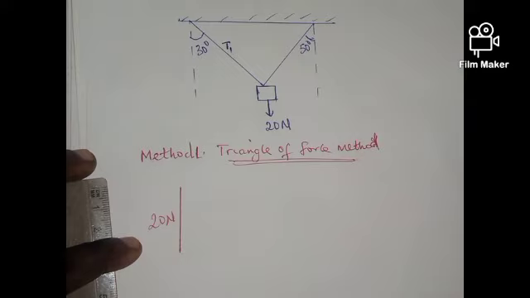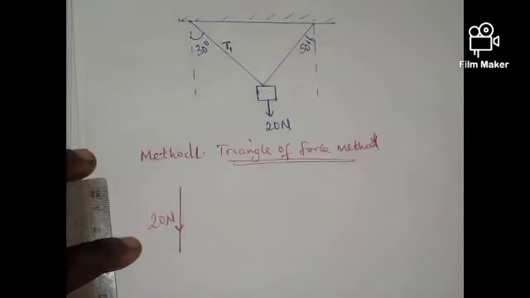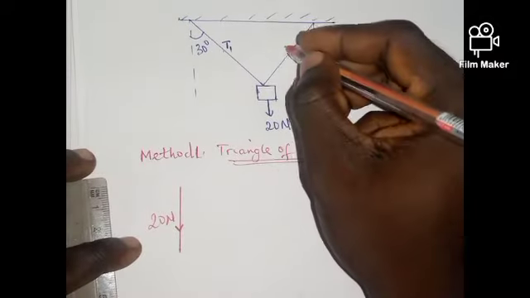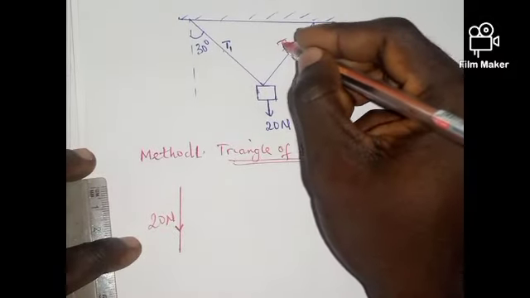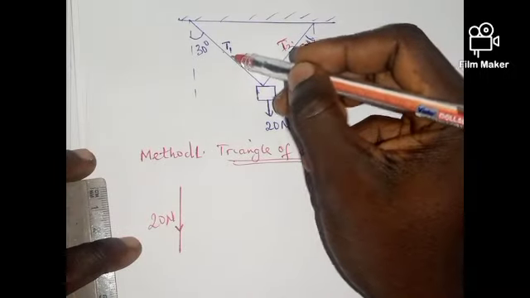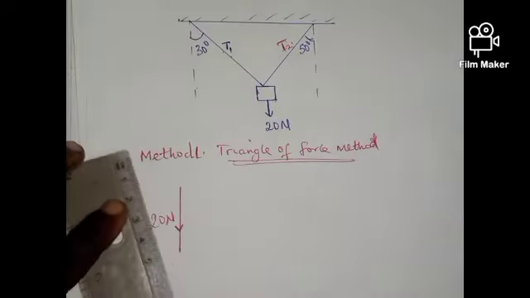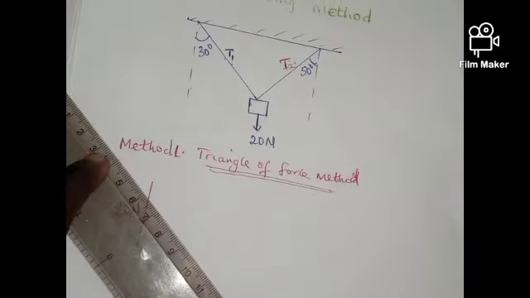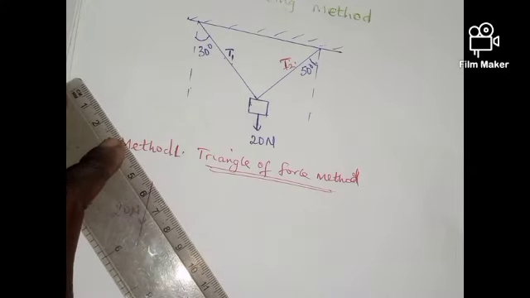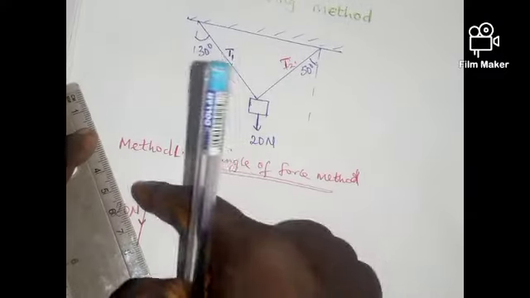And the next thing I have to do, so the weight is going to act definitely in this direction, even though we don't actually need the direction, because we just require the magnitude of the tension T1 and T2. Then let's look at this. T1 makes an angle of 30 degrees with the vertical. So what I'm going to do is draw T1 along this line, making an angle of 30 degrees with this vertical line.